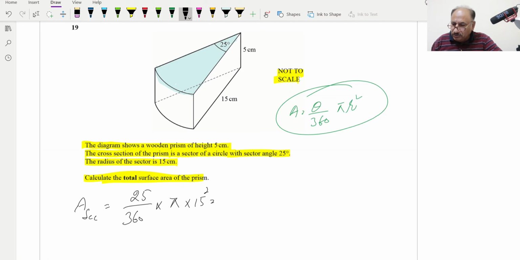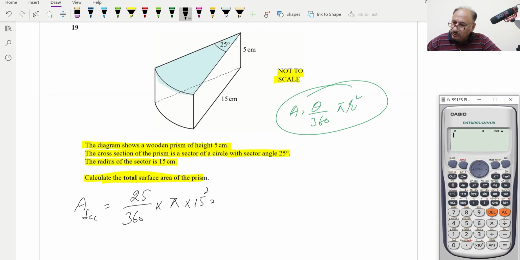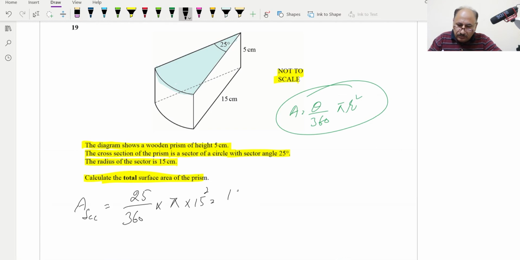If we calculate, this will be 125 over 8 pi.